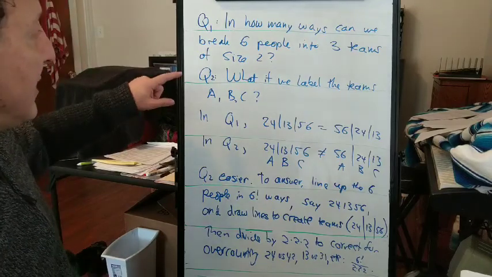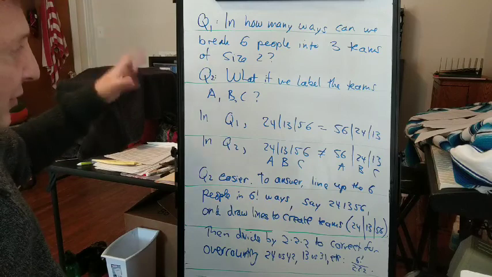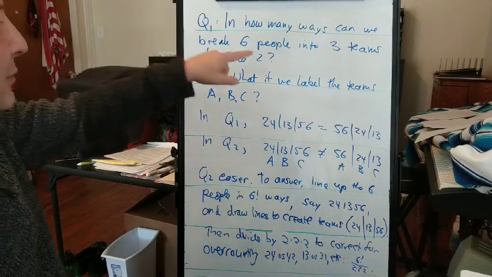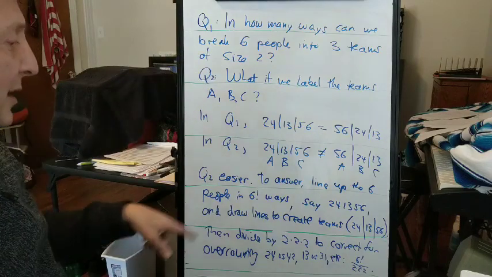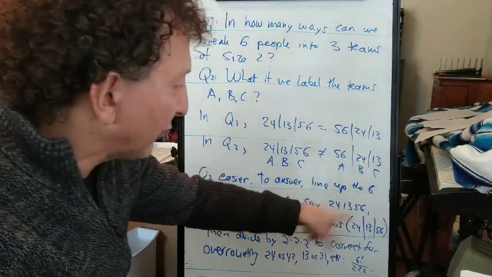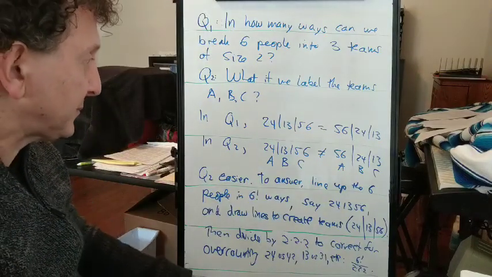Alright, now let's answer question 1, which actually starts just the same as question 2. We want to break 6 people into 3 teams of size 2. So we can write out the 6 factorial permutations of the 6 people and then draw vertical lines to say who's on which team.